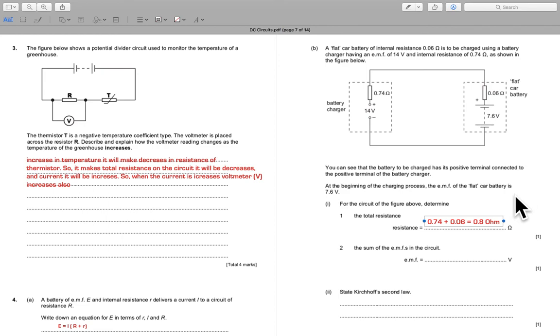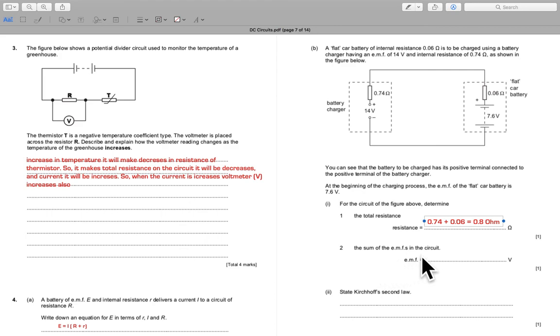So the sum of the EMF in the circuit: let me see. This is positive polarity and this is negative. When the current goes here, it collides with the positive also, so this is minus, not positive like this one.